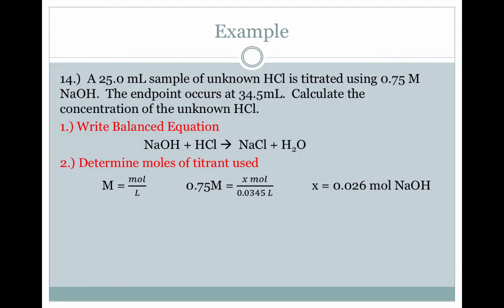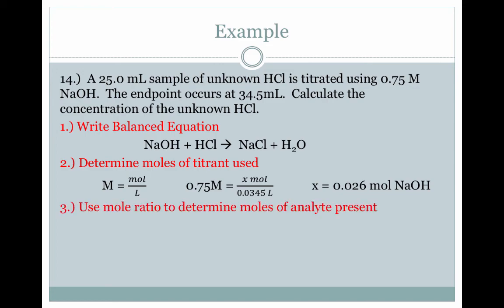Here we know that we had 0.75 molar NaOH, and we used 0.0345 liters. Always remember to convert to liters when using the molarity equation. Solving for moles, we get 0.026 moles of NaOH. That means we used 0.026 moles of NaOH to react with all of the HCl in the unknown solution.